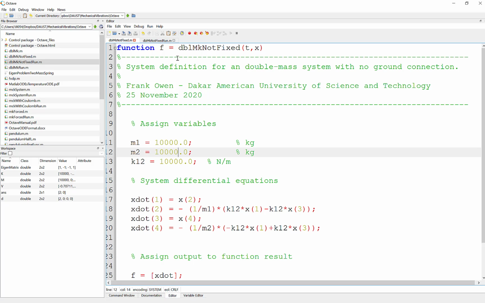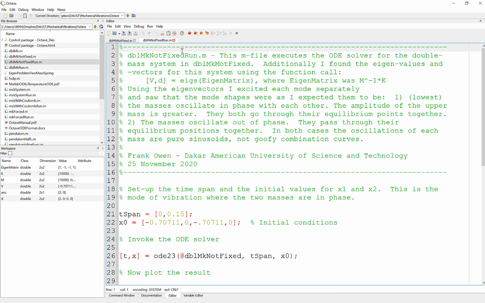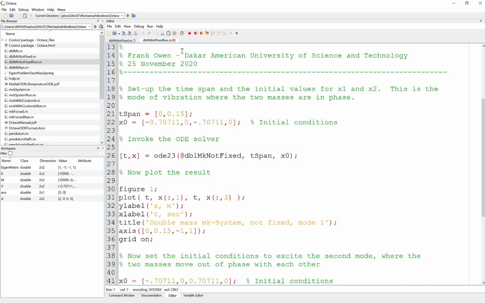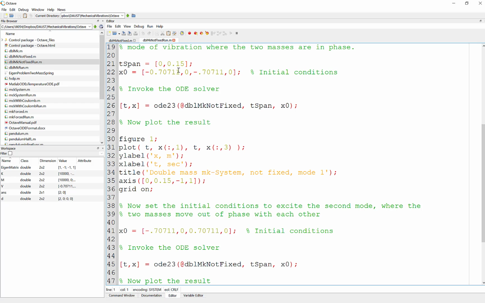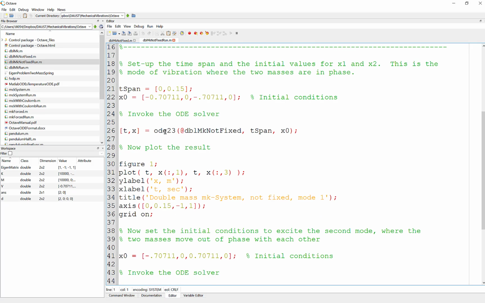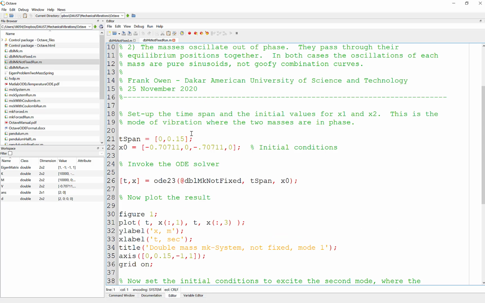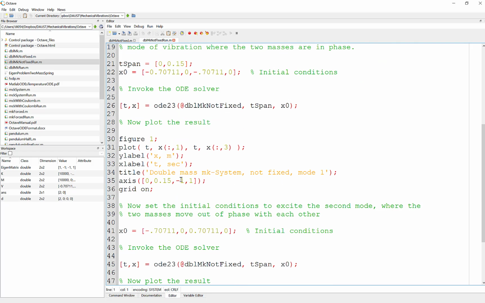They're the same. You write the function that contains the state space model, and then you write an executive M file. It's just a script file for invoking, calling the ODE solver for that system, and then plotting.